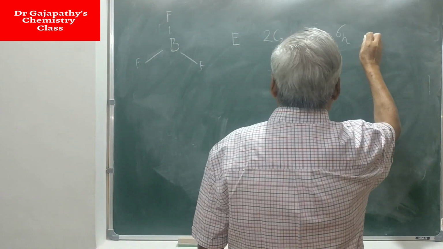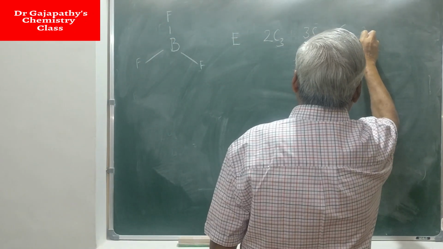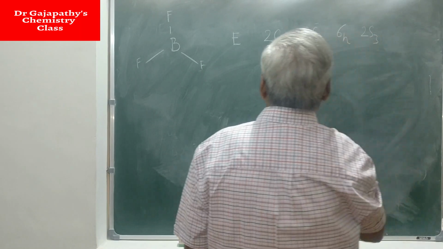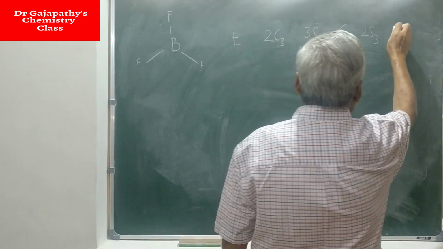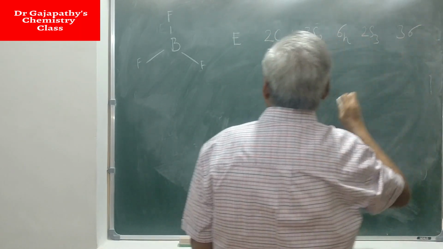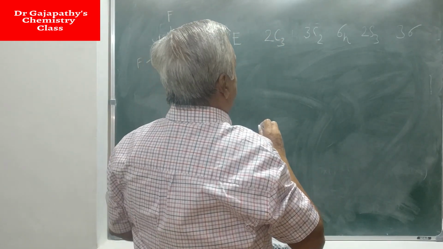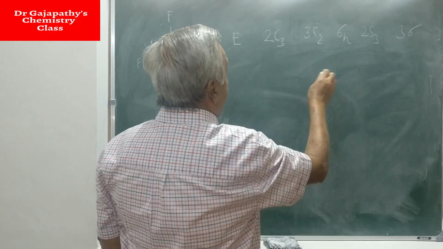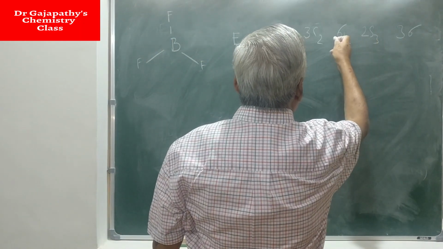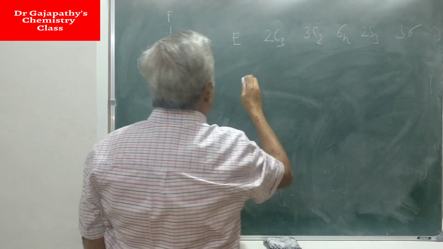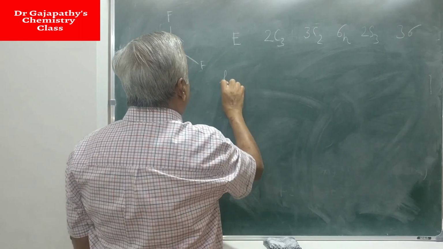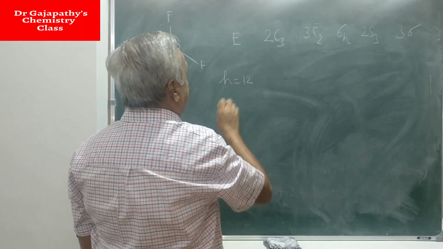And you have 2S3 operations in this molecule. And 3 sigma v operations, since each BF bond acts as a plane of symmetry. So totally 3 plus 2 plus 1 plus 3 plus 2 plus 1, 12 operations are there. So order of this group is 12.